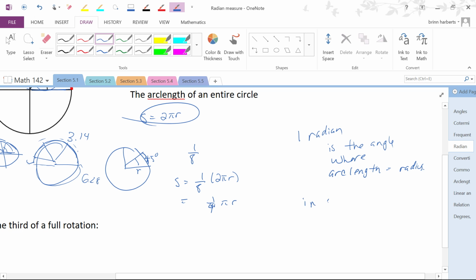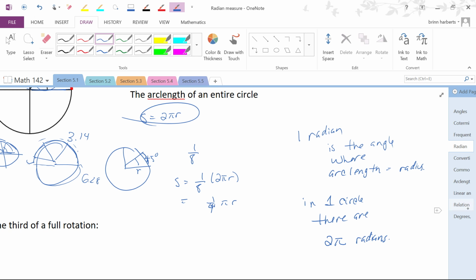And in one circle, there are 2 pi radians. Technically, a radian is a ratio of length to length, arc length to radius. And since those are both lengths and you're dividing them, the radian is a unitless measure.